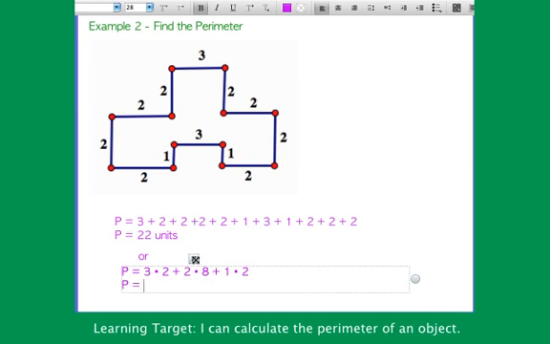So when I do the multiplication before addition, this is 6 plus 16 plus 2. 6 plus 16 plus 2. Oops, looks like my math was off up here. So this equals 24. I must have missed a 2 up here. There we go. 24 units. Either that or I counted one too many 2's. Let's check. 1, 2, 3, 4, 5, 6, 7, 8. Nope. There we go. That's right.